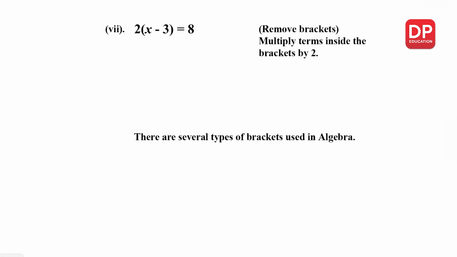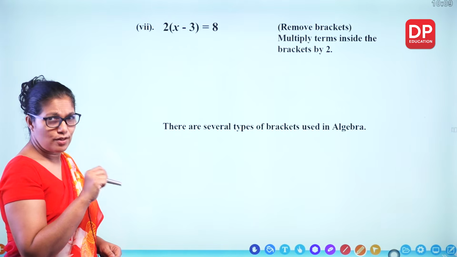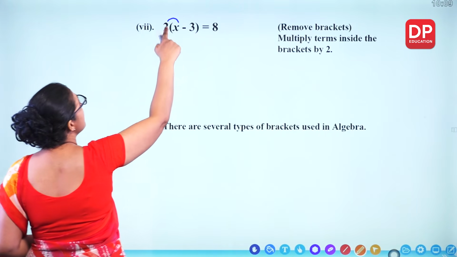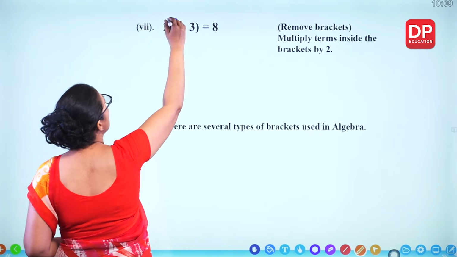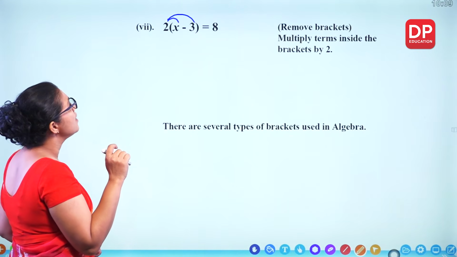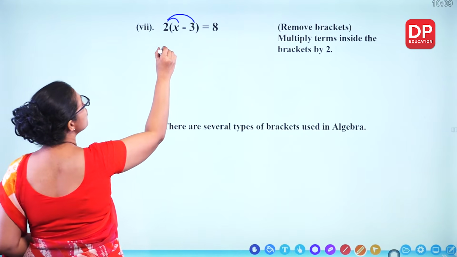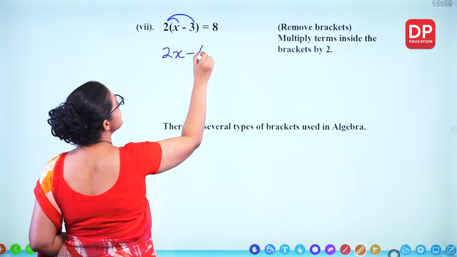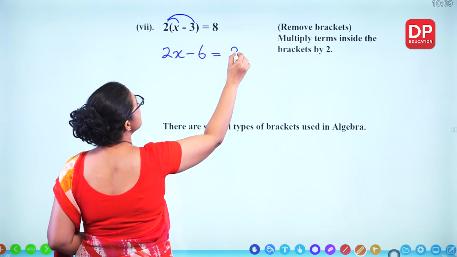Now, when there are brackets, what's the first thing? You have to remove brackets. So, always multiply the inside part by the outside number. So, you have to first multiply this by 2. 2 times x, 2x. 2 times minus 3, minus 6, is 8.